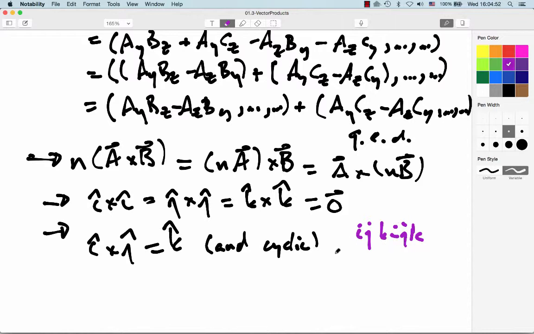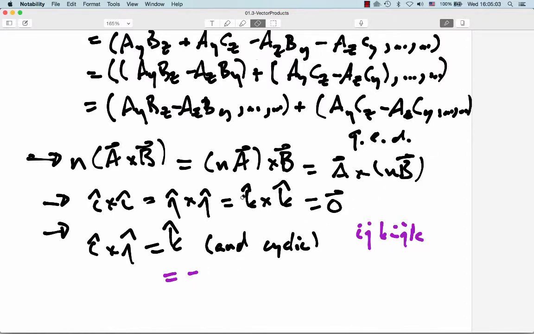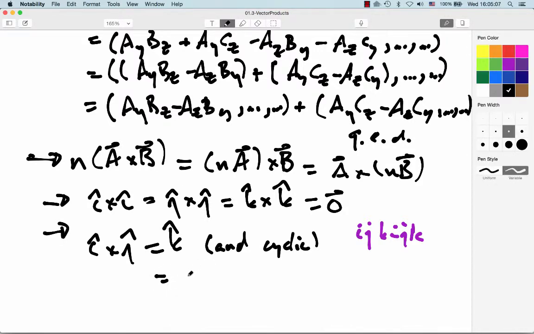Now if you've got them in the reverse order, you'll get the negative of that. So this would also be equal to the negative of j hat cross i hat, for instance.